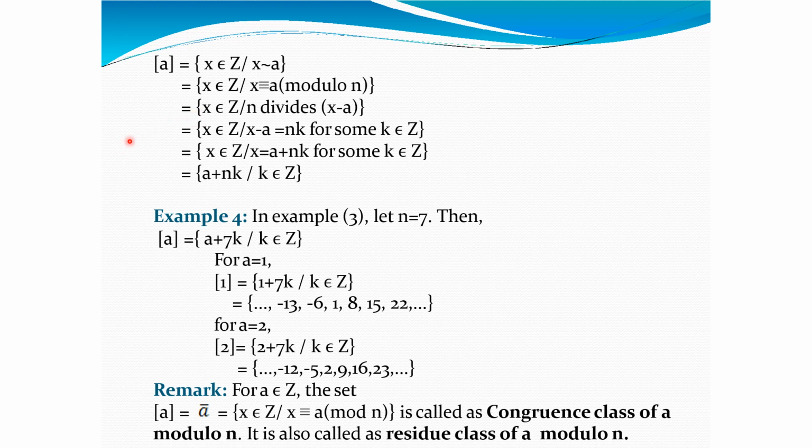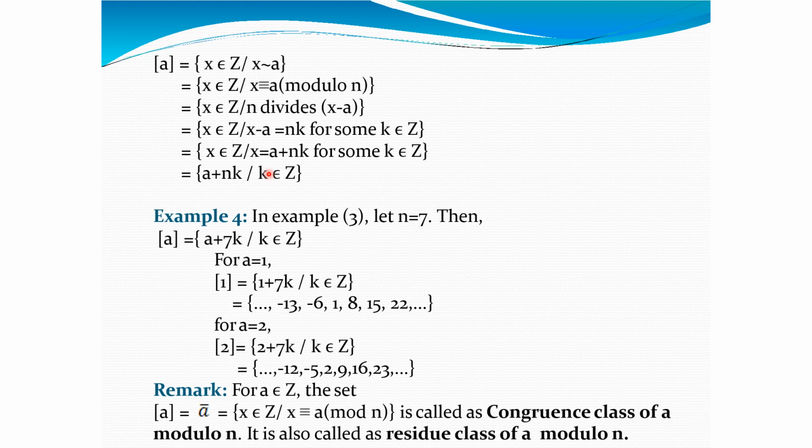It means X minus A is Nk for some K belonging to Z by definition of divisibility. Therefore, the equivalence class of A contains X in Z such that X is A plus Nk for some K in Z. Thus, the equivalence class of A is equal to A plus Nk, K belonging to Z. So, this is the general equivalence class of A for any A belonging to Z.